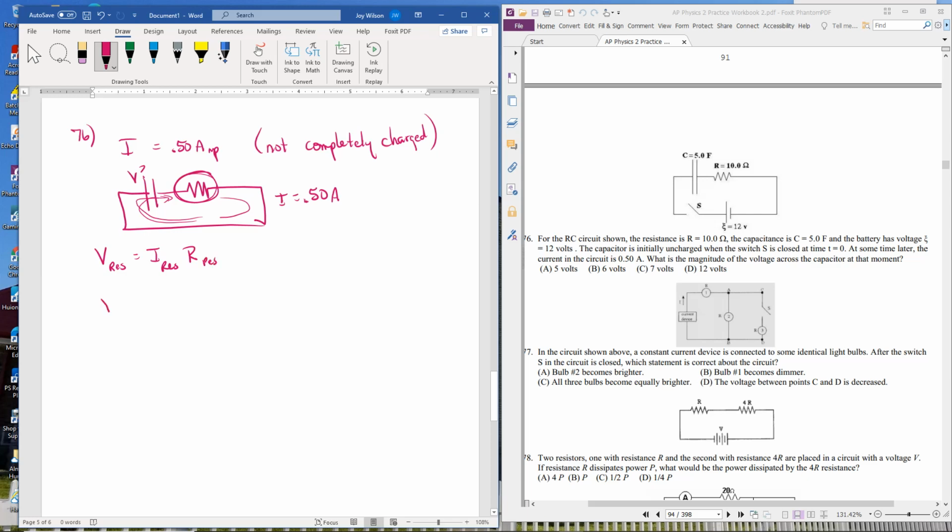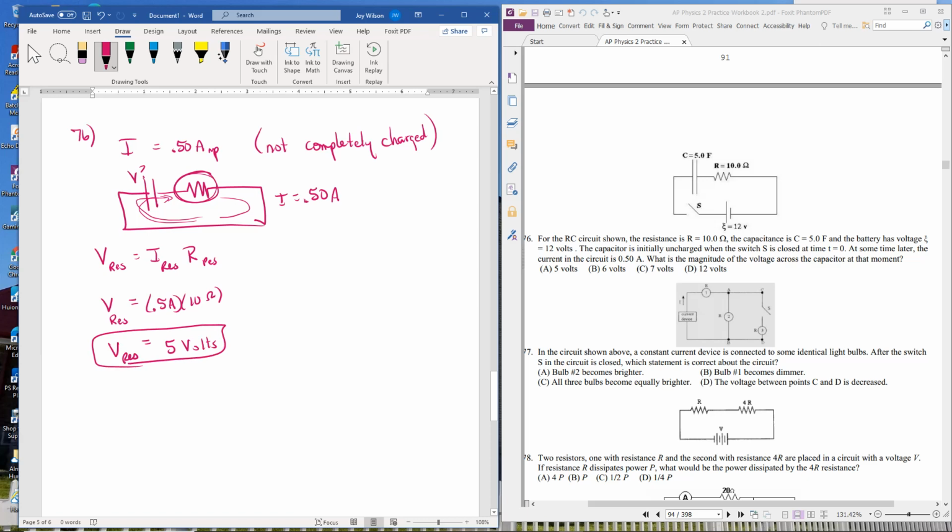And we know those in this case. So the voltage used on the resistor is 0.5 amps times 10 ohms, which is 5 volts. So the resistor is using 5 volts.